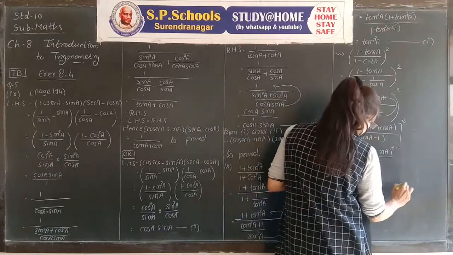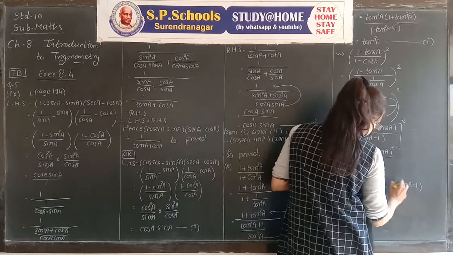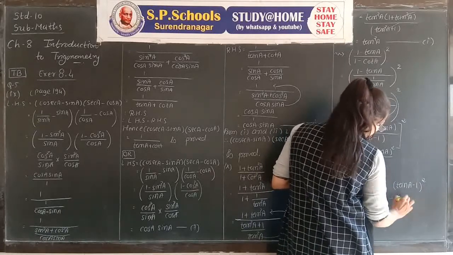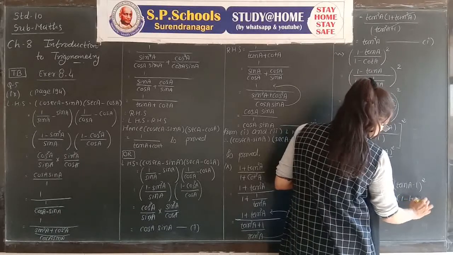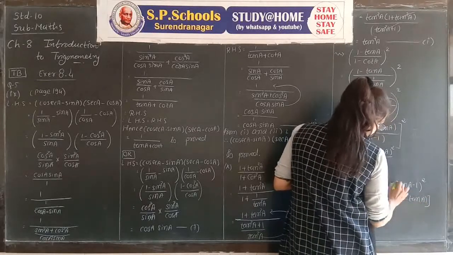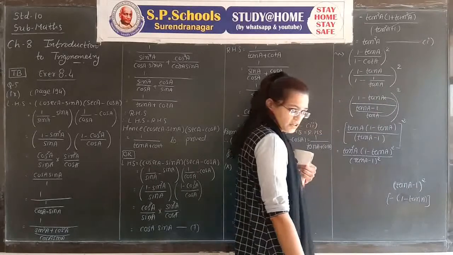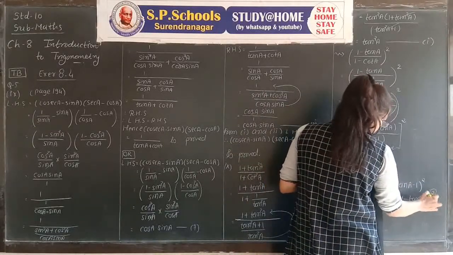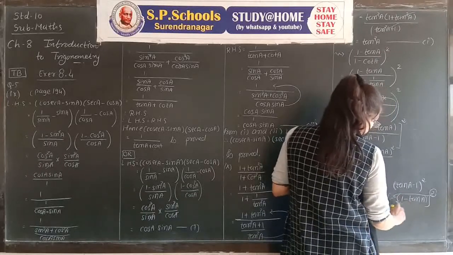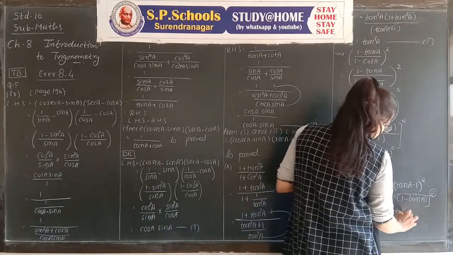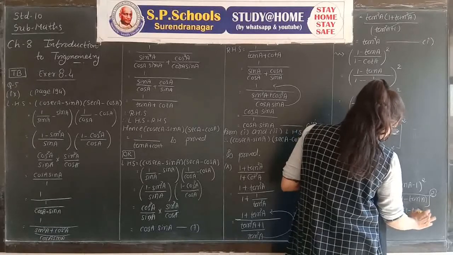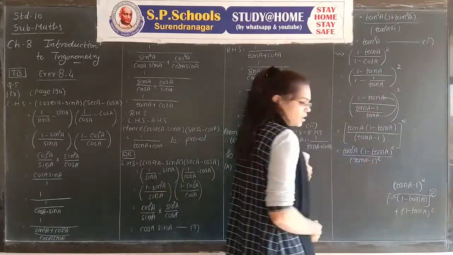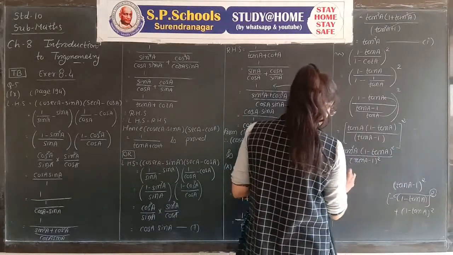As we know, in tan A minus 1 square, taking minus as a common, write as 1 minus tan A. This bracket only, if we multiply minus with the bracket, we get tan A minus 1, and square. If we give square to both, square of minus is plus and 1 minus tan A whole square. There is no difference between 1 minus tan A whole square and tan A minus 1 whole square.